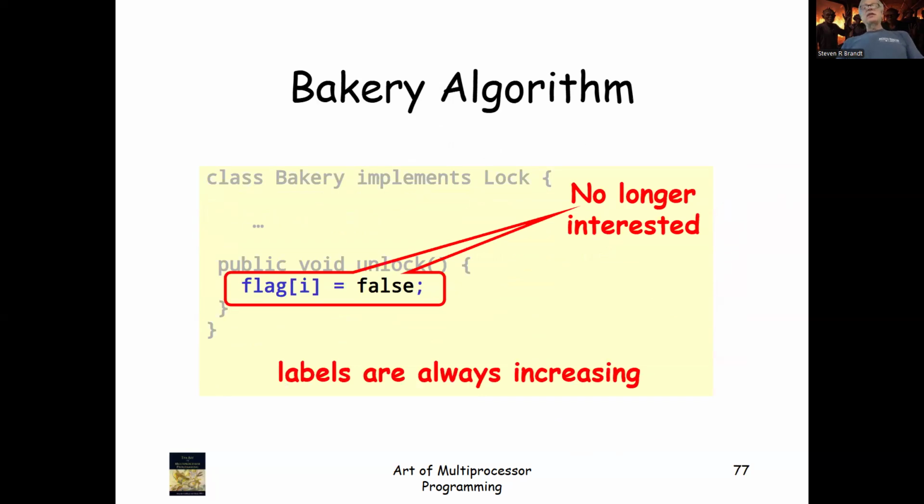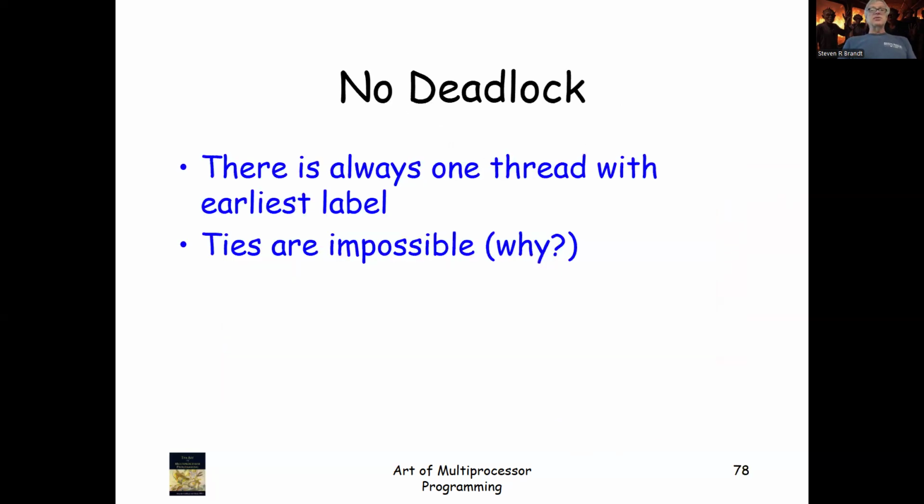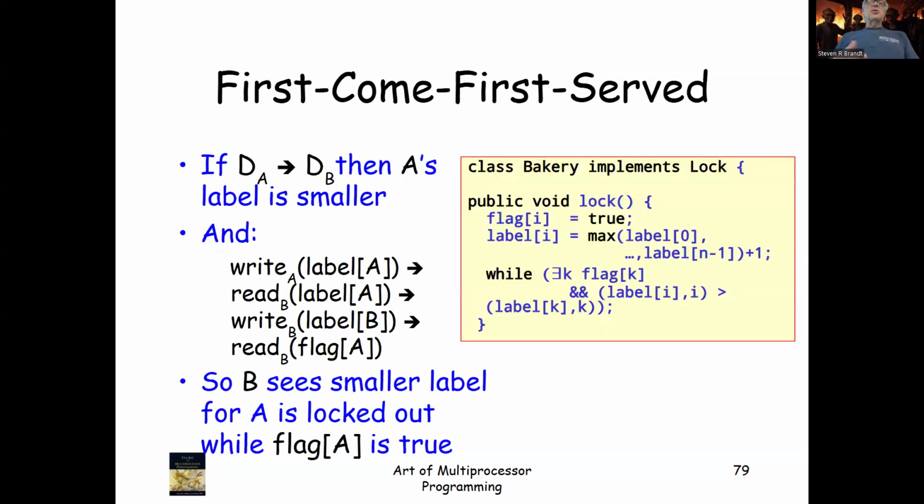The labels are always increasing, of course. There's always one thread with the earliest label, and ties are impossible, of course, because if they have the same number, the tie is broken by the thread ID. Yeah. Good. And so this does all the things we want.